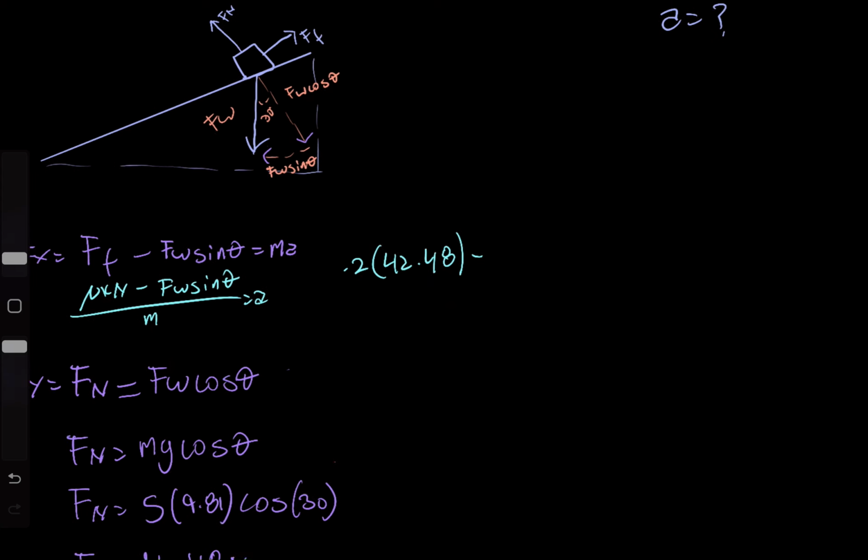minus force of weight sine theta, which is 5.81, and divided by mass, which is 5. And that will give us acceleration. Give me 1 moment.